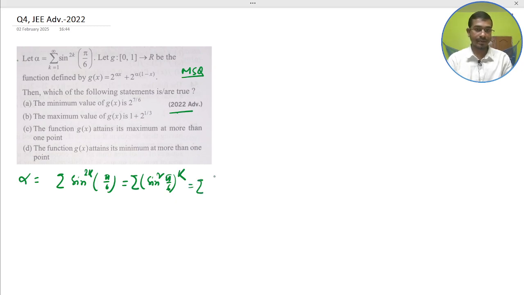That be the summation 1 by 4 to the power k. Sin square pi by 6 means 1 by 2 square means 1 by 4 to the power k.